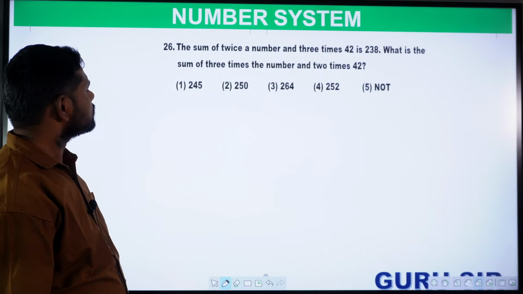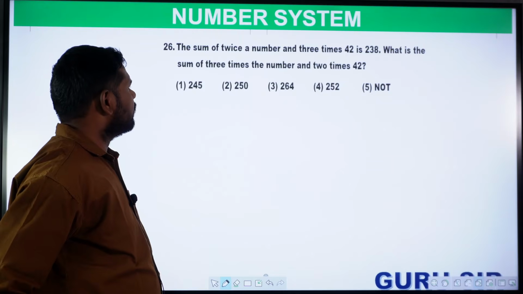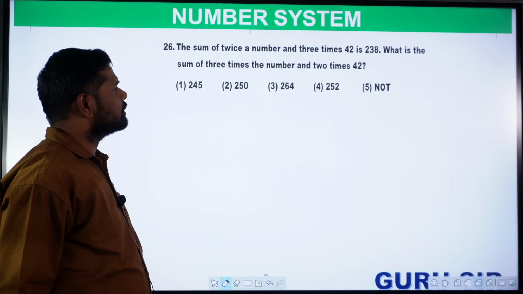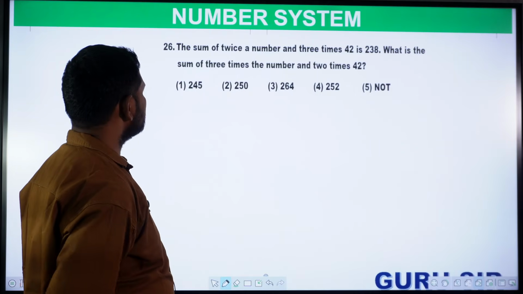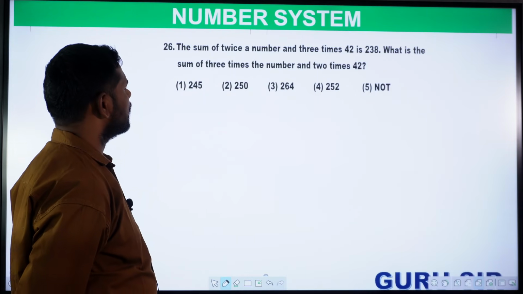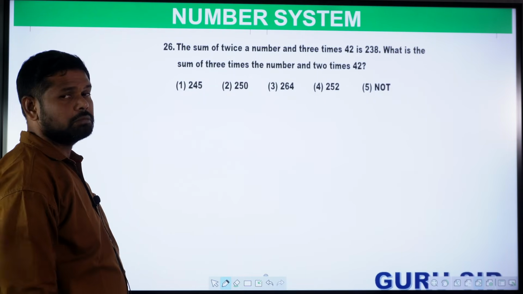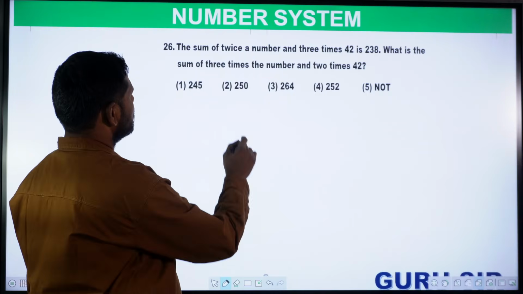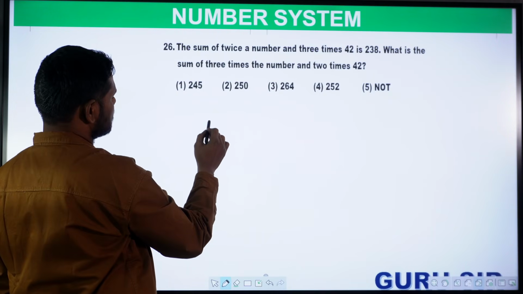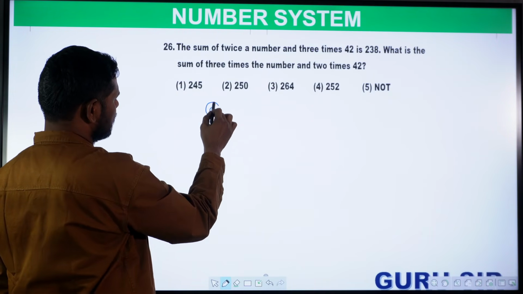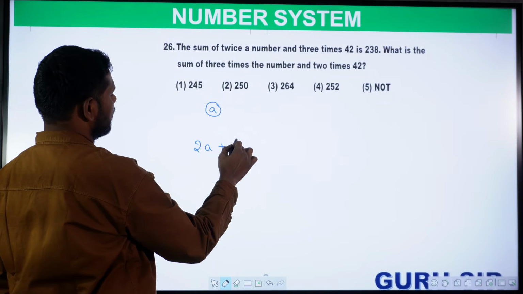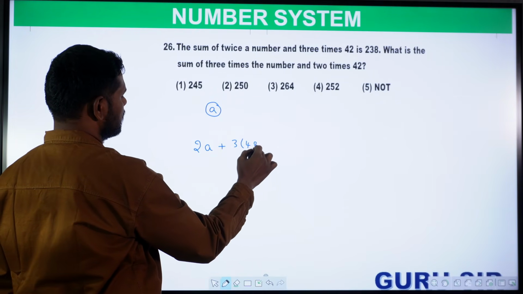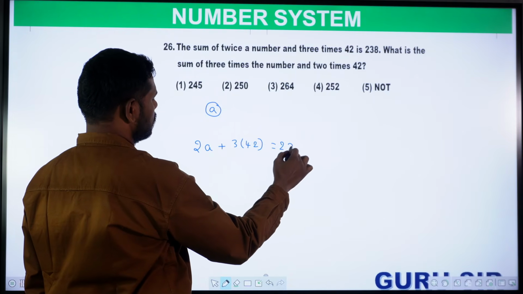Next one. The sum of twice a number and 3 times of 42 is 238. What is the sum of 3 times the number and 2 times of 42? So clear. Next question: sum of twice a number. Suppose a number is considered as a, twice a number is 2a, plus 3 times of 42 is given as 238.